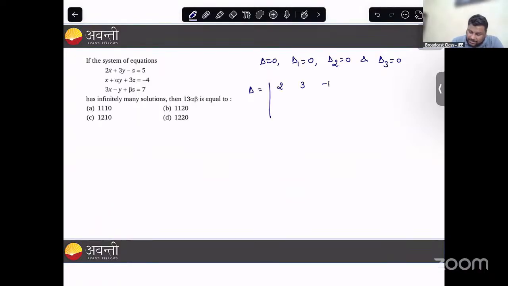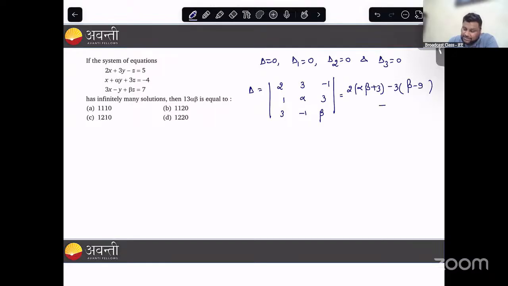Two, 3, -1; 1, alpha, 3; 3, -1, beta. This is your delta. Now solve it. This is 2 times (alpha beta plus 3), minus 3 times (beta minus 9), minus 1 times (-1 minus 3 alpha).